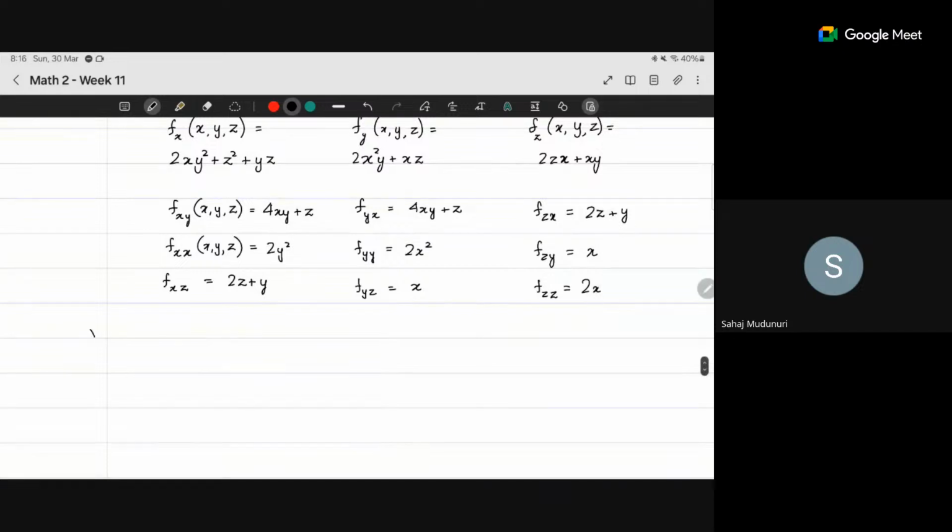Yeah. Of course, if it exists, there might be some partial derivatives which don't exist. There can be n² second order partial derivatives.